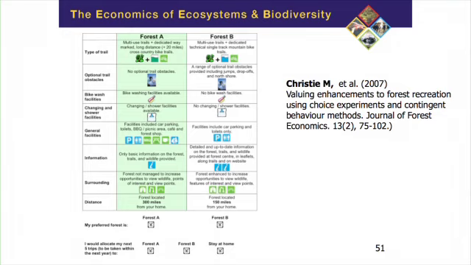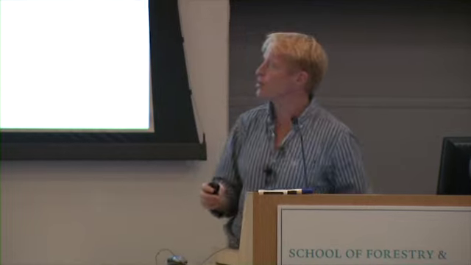In terms of information, whether there's information about the trails on the internet or not, and the surroundings, so whether the forest is managed to look nice or whether it's just a conifer plantation.